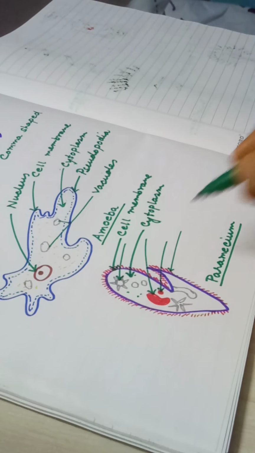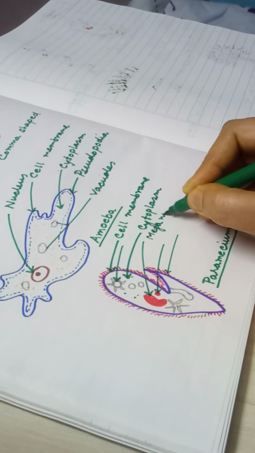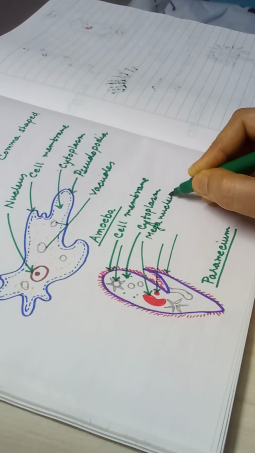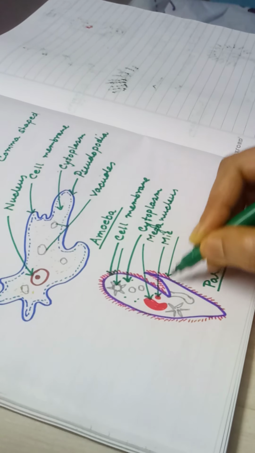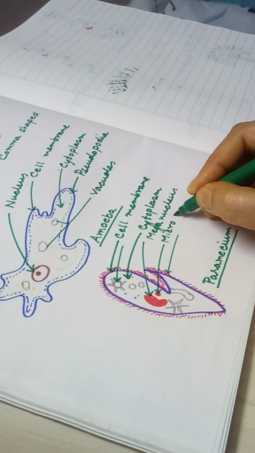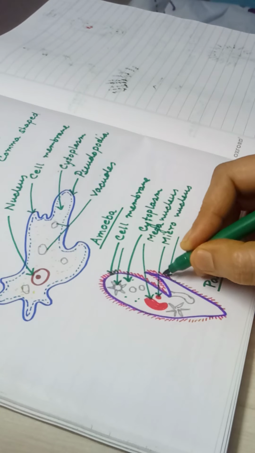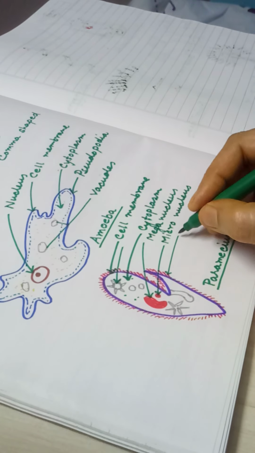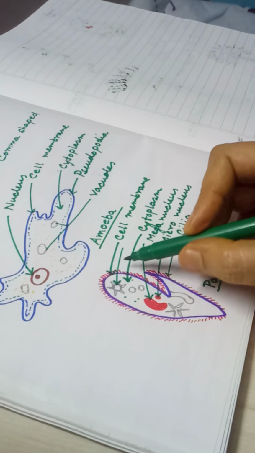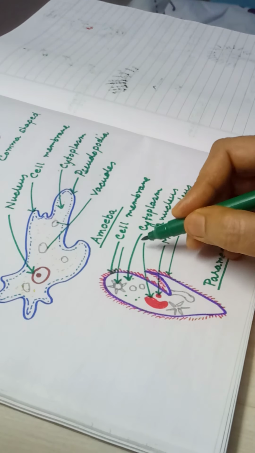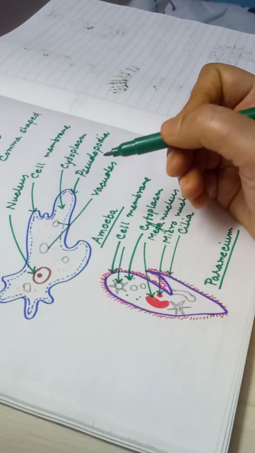So the big one, that is called the meganucleus. And this is micronucleus, small one. And this brush like or hair like structure which are there, this is called cilia, which is helping the organism to move and to take the food, as pseudopodia helps amoeba to move and take food.